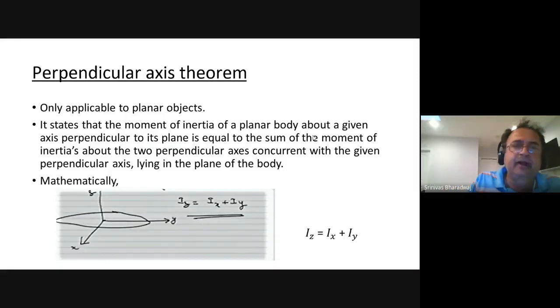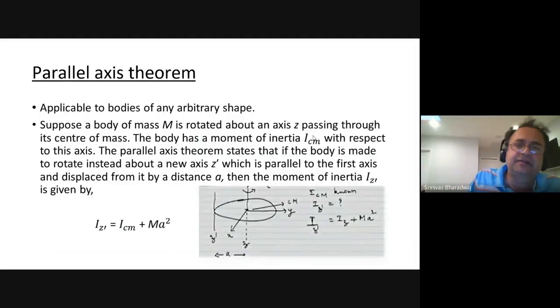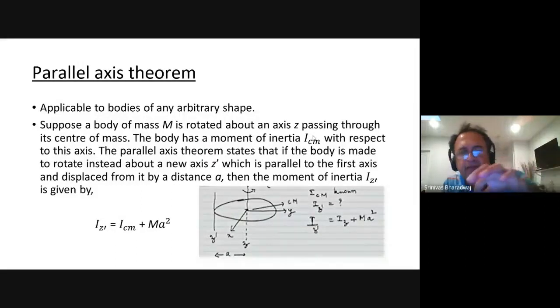Then we introduce these two theorems. First, let's look at the parallel axis theorem, simpler one, right? We already told you that for any body, the moment of inertia about the center of mass will be the lowest about any parallel axis. See, when you want to make this spin like this versus making it spin like this, there's a huge difference.